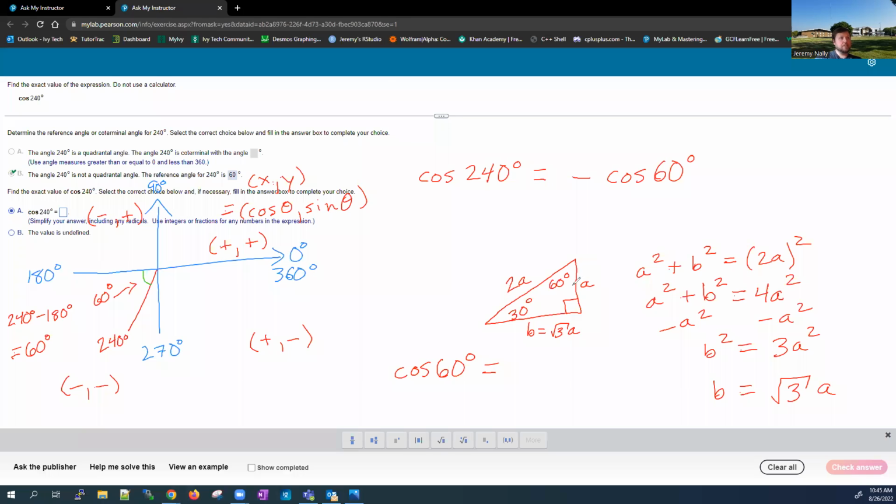So the adjacent side to the 60 degrees is A, and then the hypotenuse is 2A. So the A's cancel out and I get 1/2. All right, so go back up here, and then I get cosine of 240 degrees is negative 1/2.